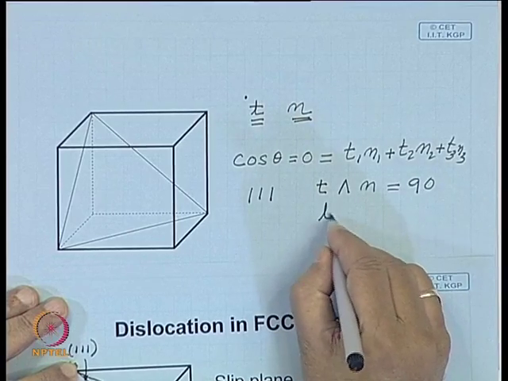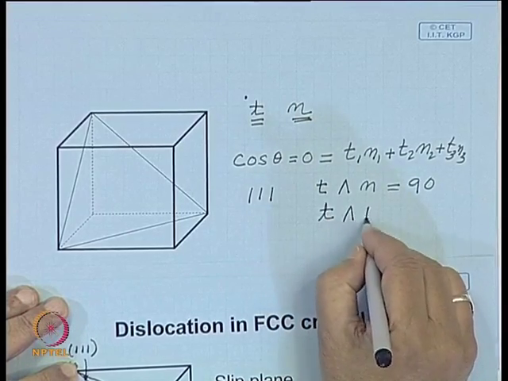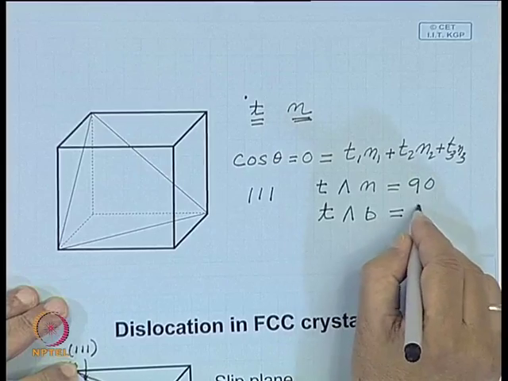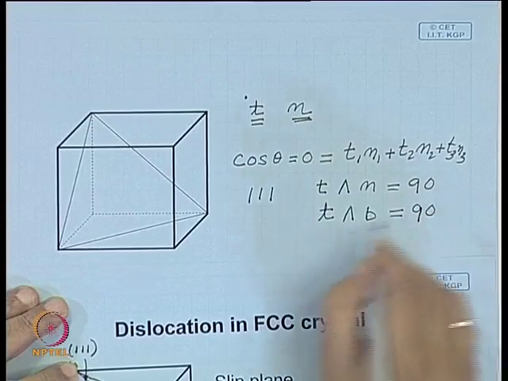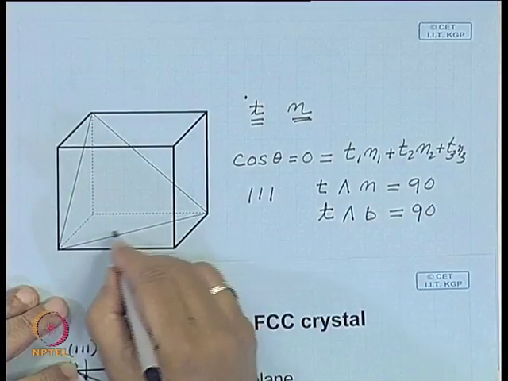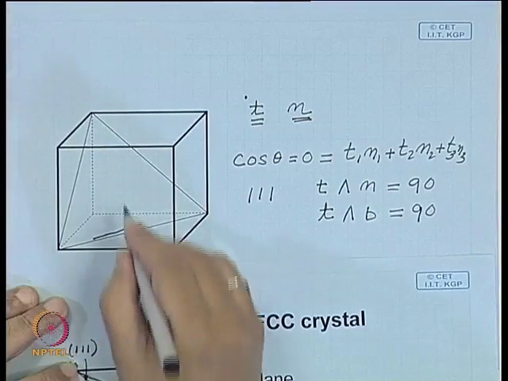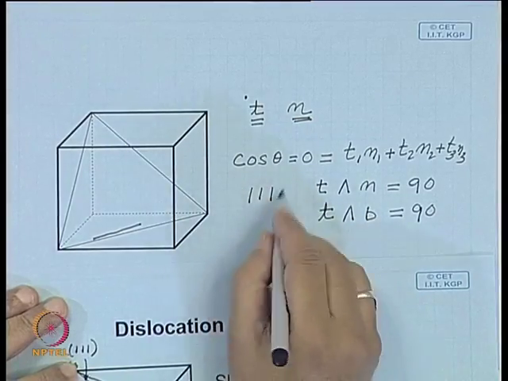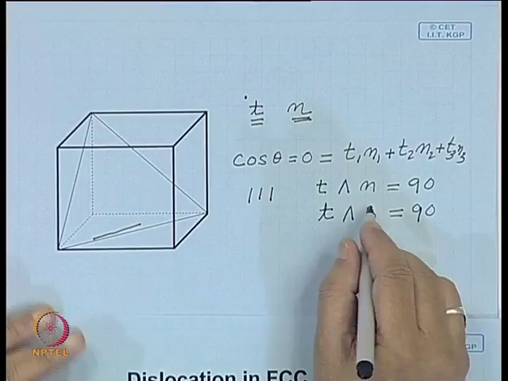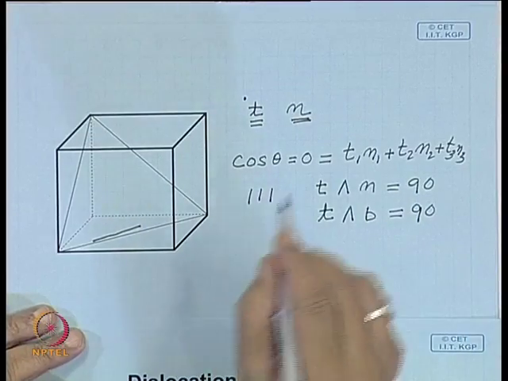The angle between t and the Burgers vector also should be 90. Only then will this be an edge dislocation. So, you try and find out. There are not many options.